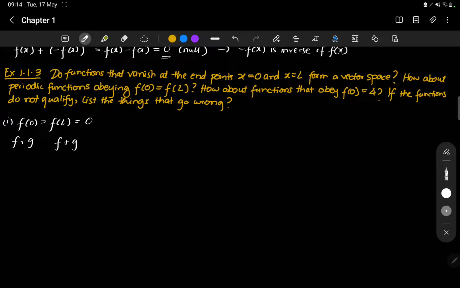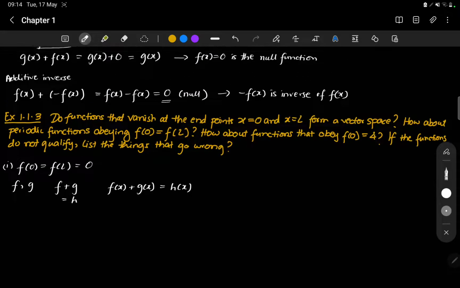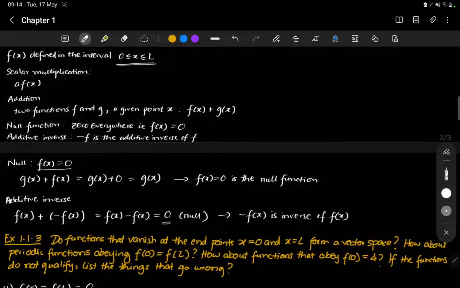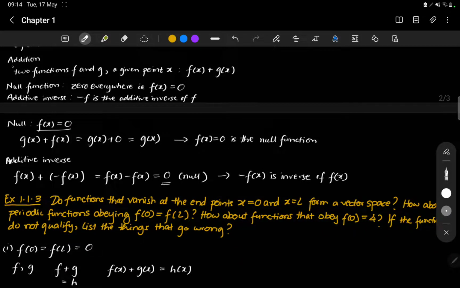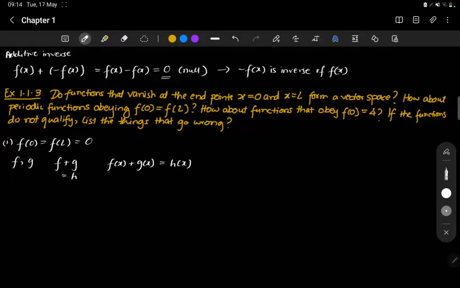So is this true? Let us see if closure is being satisfied or not. If we have f of x plus g of x, let us call f plus g equal to some other function h. So f of x plus g of x will be some h of x. This is by the definition of addition of two functions that we defined. It is a pointwise addition of two functions.